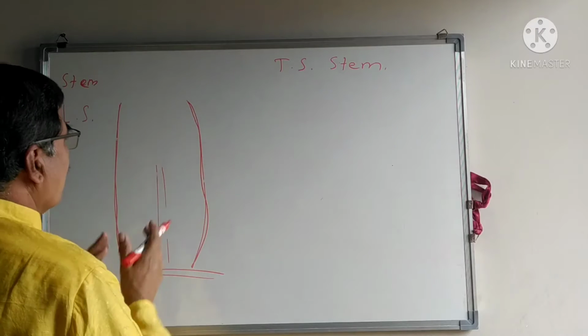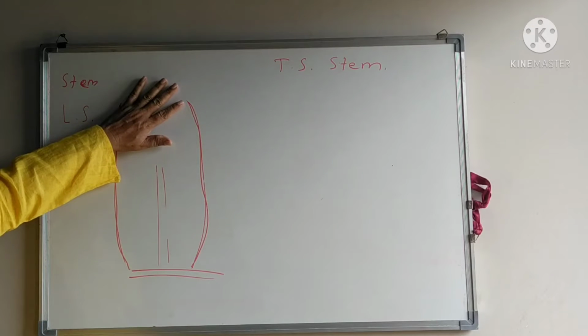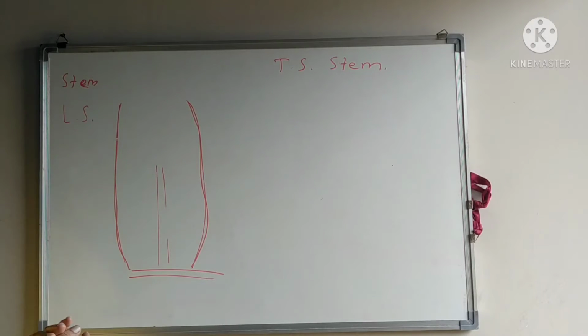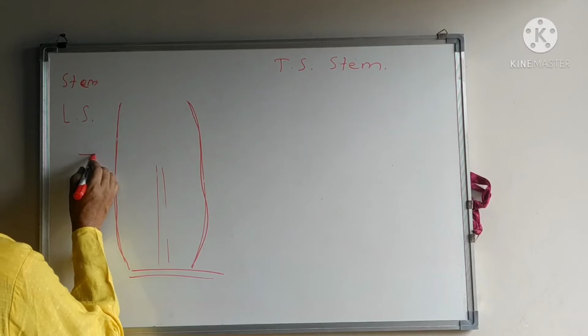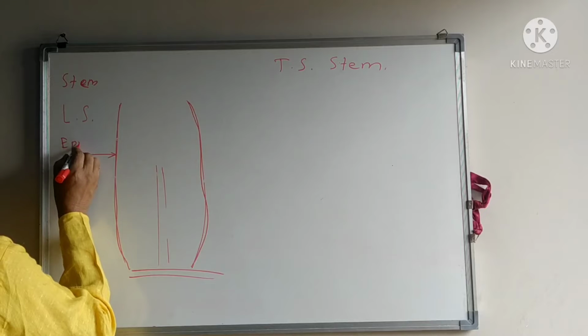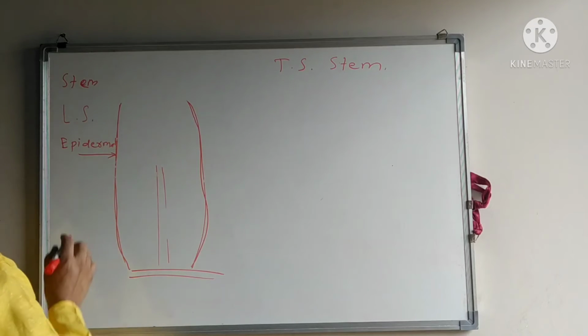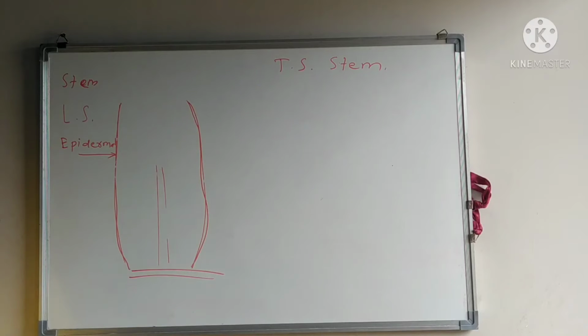In this internal organization, the different types of tissues which are present, which perform similar physiological functions together, are known as tissue systems. These tissue systems in the stem consist of three parts. The outermost tissue is known as the epidermal tissue system.